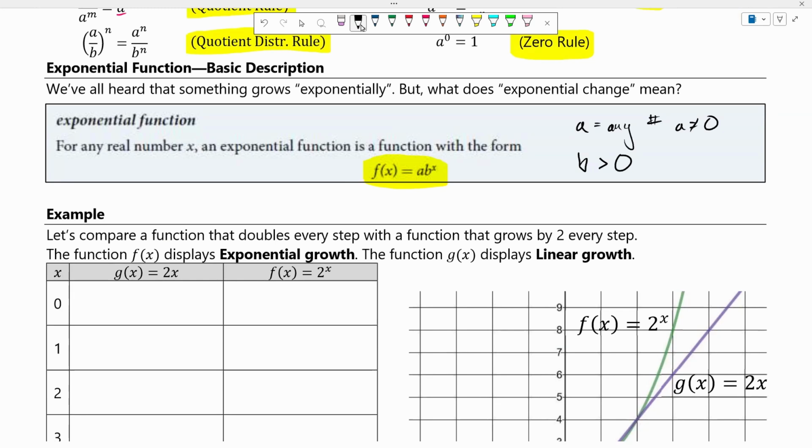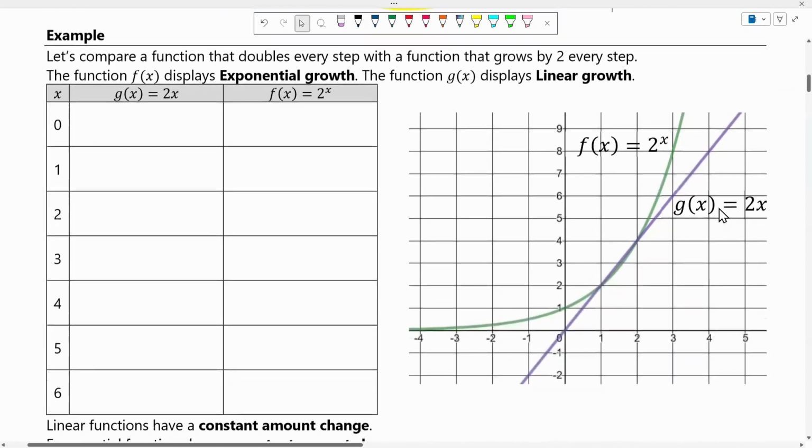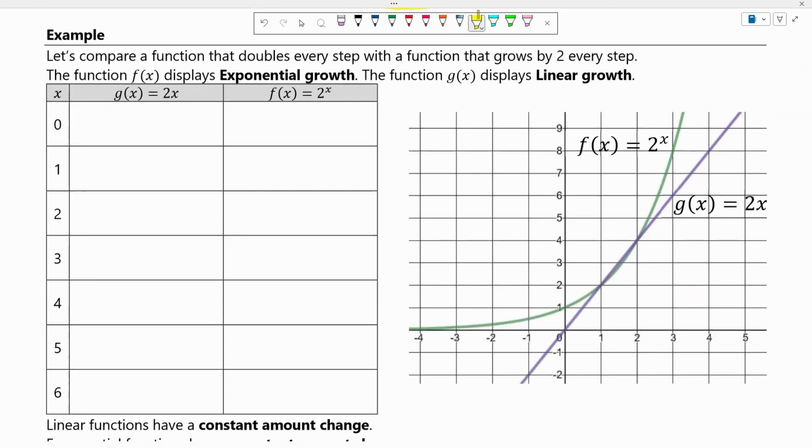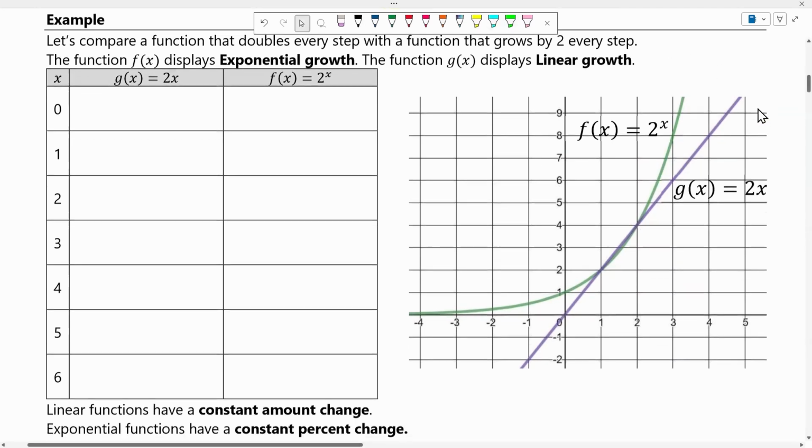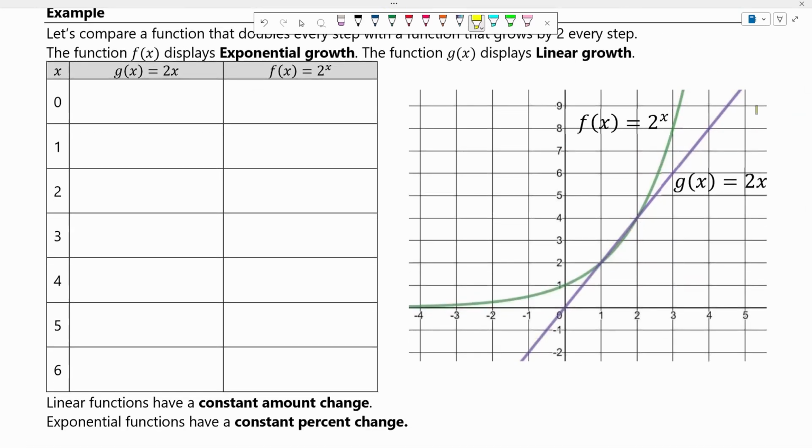But now what I want to do is study what both of these functions do, and sort of summarize what's going to happen. There are two things that I want to cover that are on the bottom. Linear functions, we know what lines are. They have what's called a constant amount change.